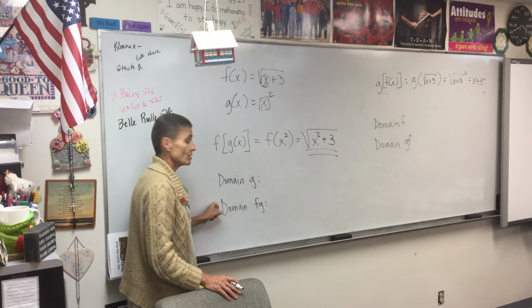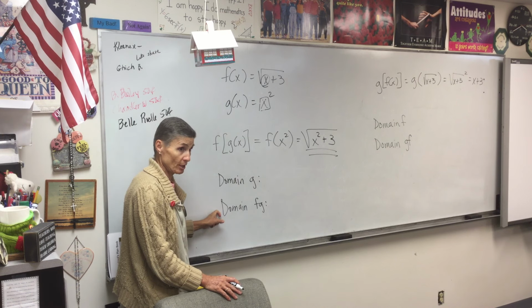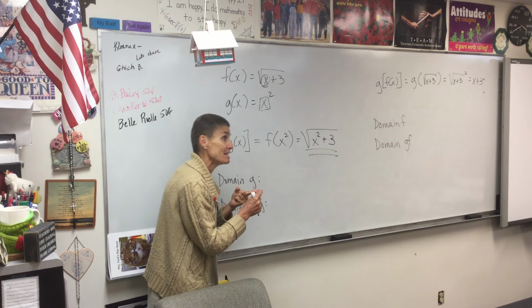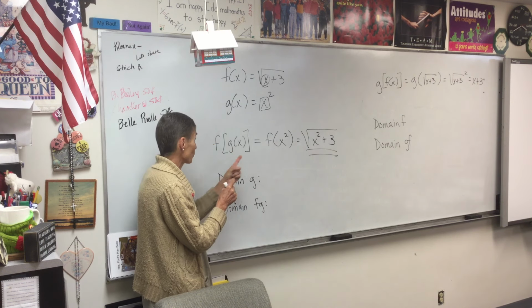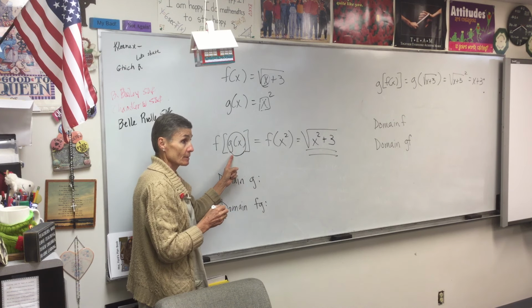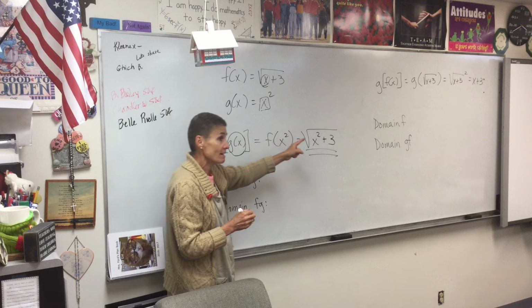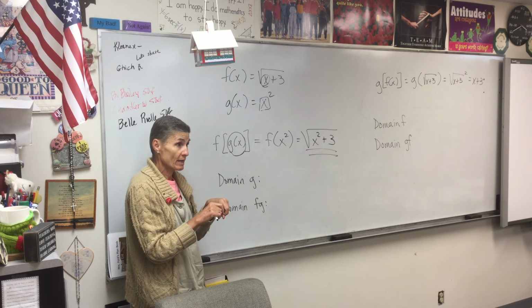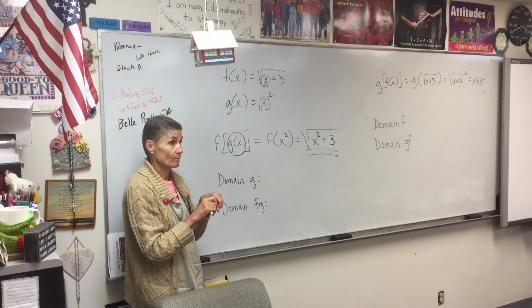When someone wants to know the domain of the composition, you have to find the domain of the input. So the original input, which in this case would be G, and the domain of the answer, and then put them together and find out where they overlap. And that's the answer, okay?